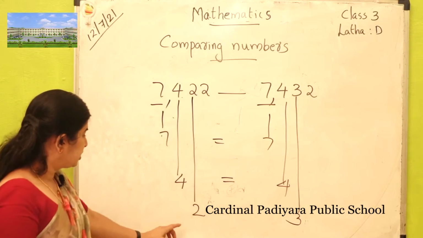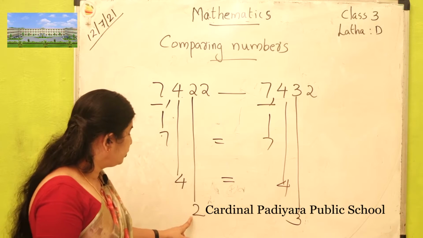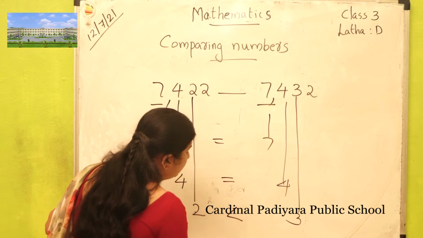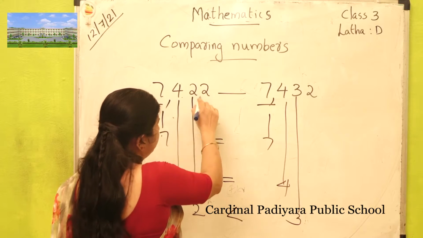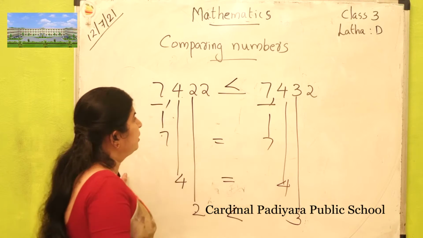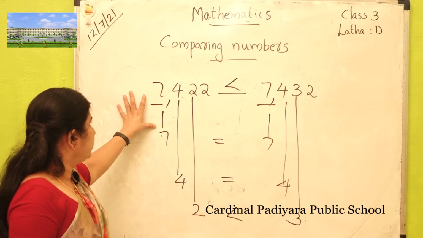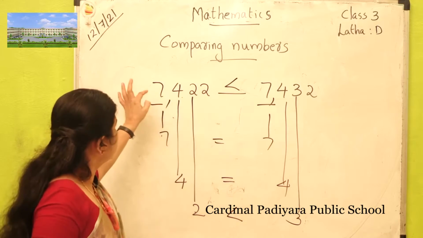Which is the smaller number, 2 or 3? Here 2 is the smaller number. Therefore, 2 is less than 3. Here 7422 is less than 7432. First we compare the leftmost digit, that is 7.